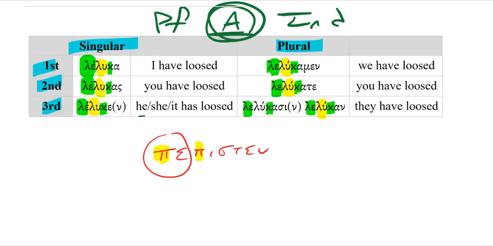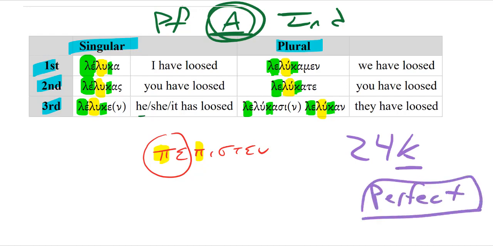I tell students that kappa looks like a K. 24K gold is perfect gold. 24 karat is perfect gold. So when you see that kappa, your default thinking should be, that's a perfect. We realize there are always exceptions.